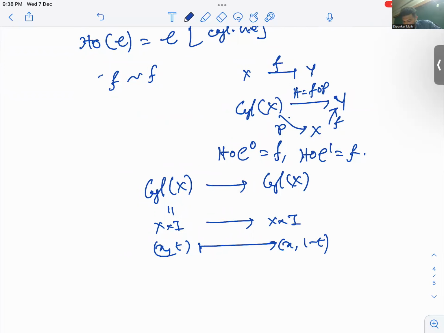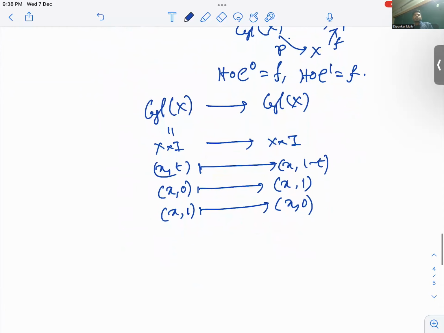It was sending the left end point (x, 0) to the right end point and the right end point to the left end point. If you allow that for an arbitrary cylinder, then this will immediately become symmetric.